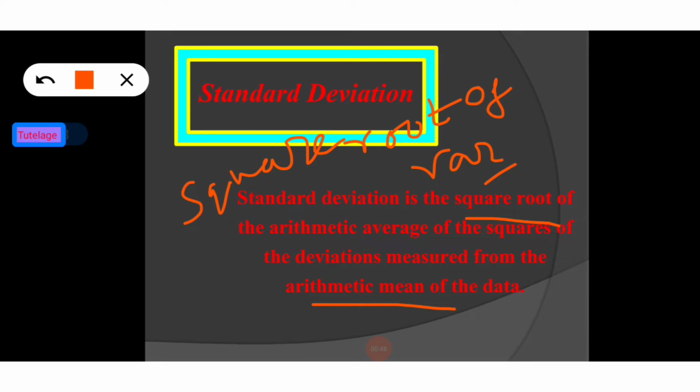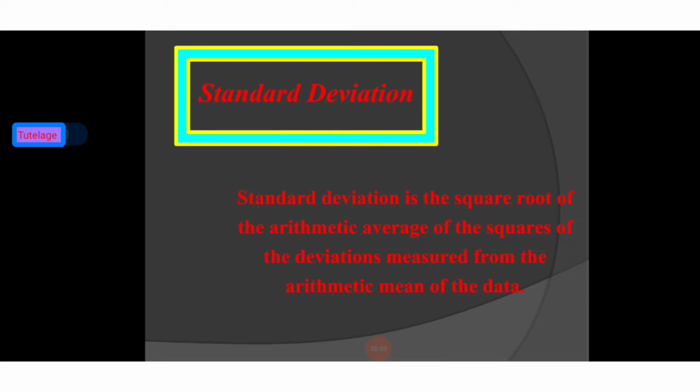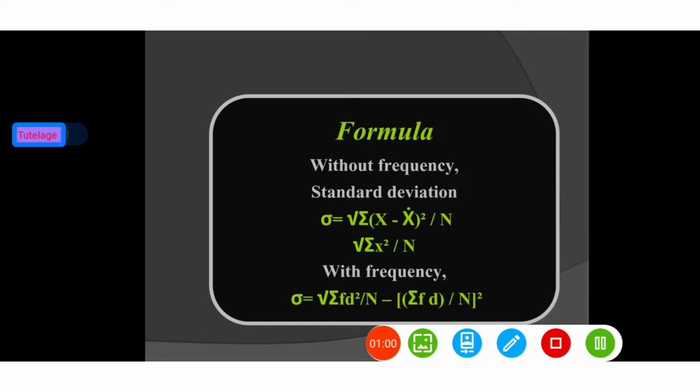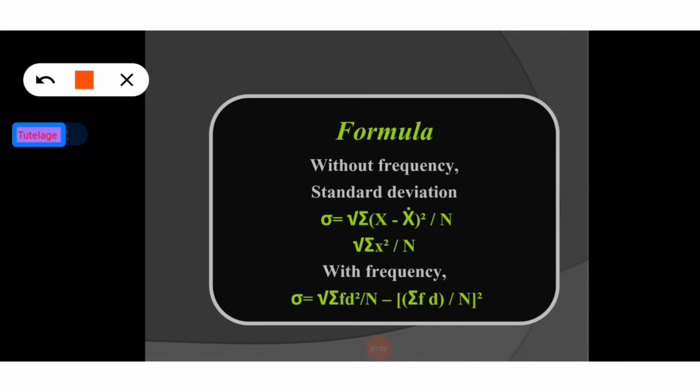Now going to the calculation process of the standard deviation. Move on to the next slide. Here is the formula of the standard deviation, known as sigma. Without frequency, sigma equals root over summation of x minus x bar whole square divided by n.